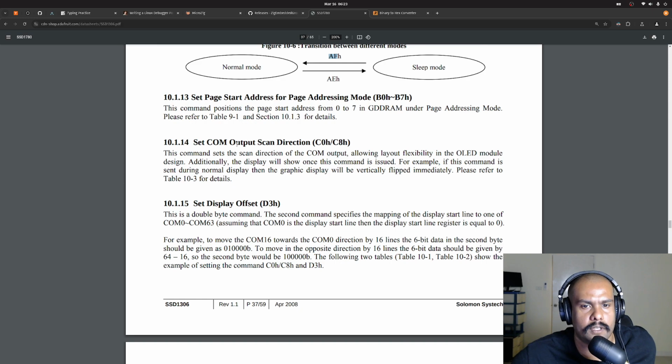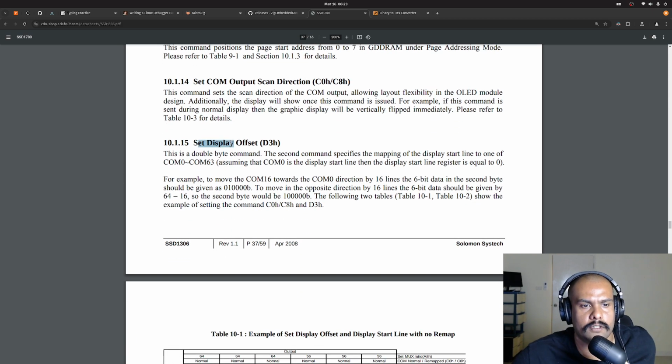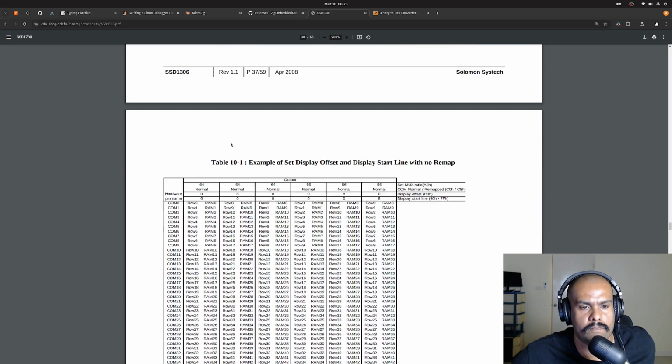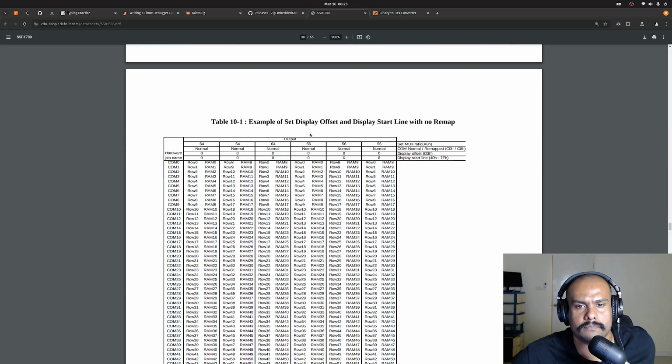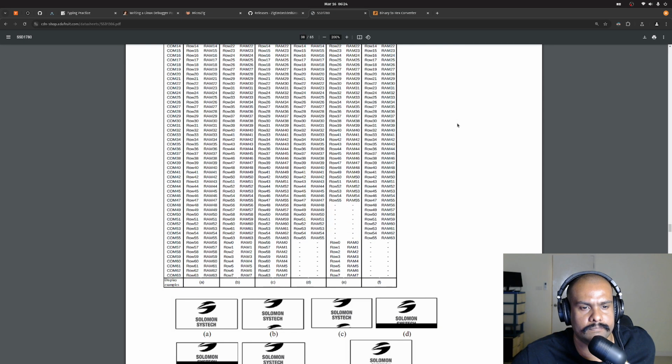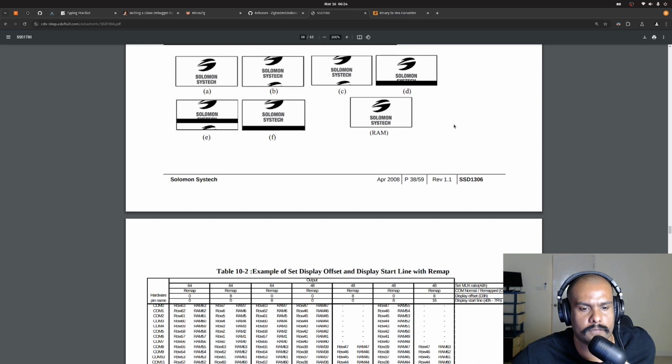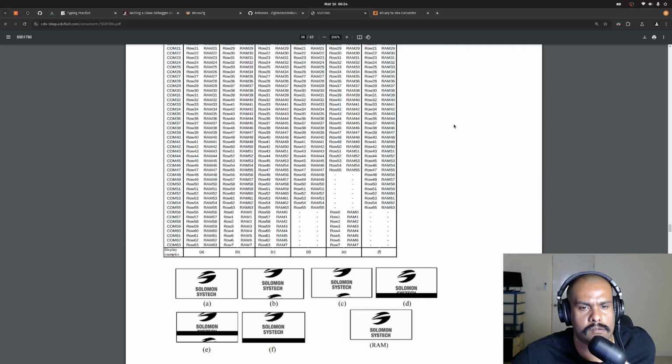Start page address, set display offset. Example of set display offset and display start line with no remap. ABCD.